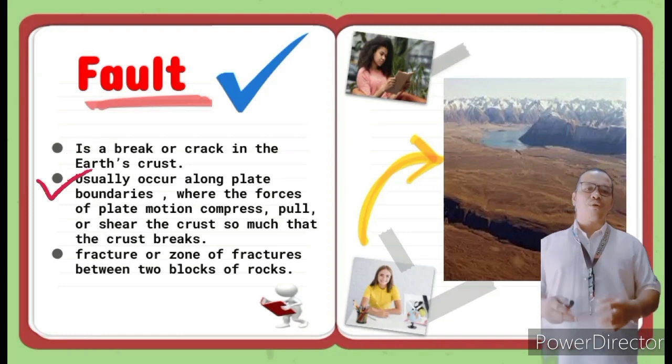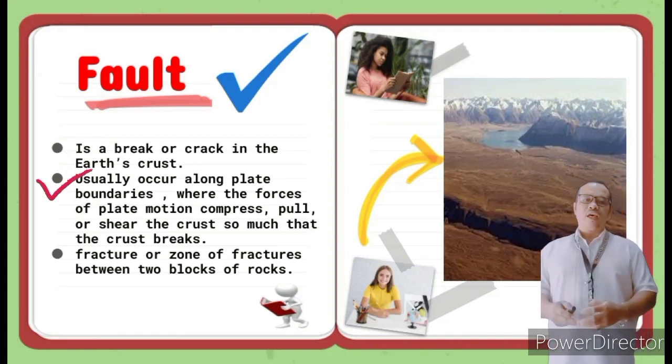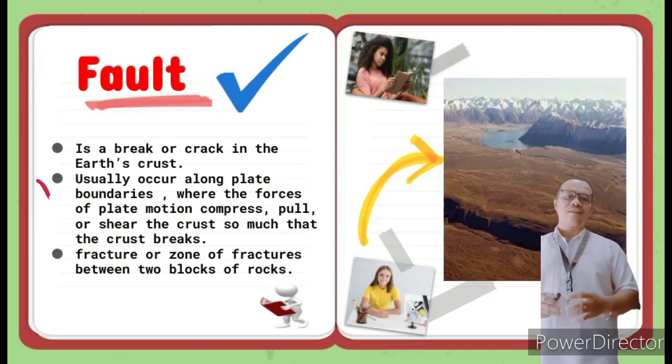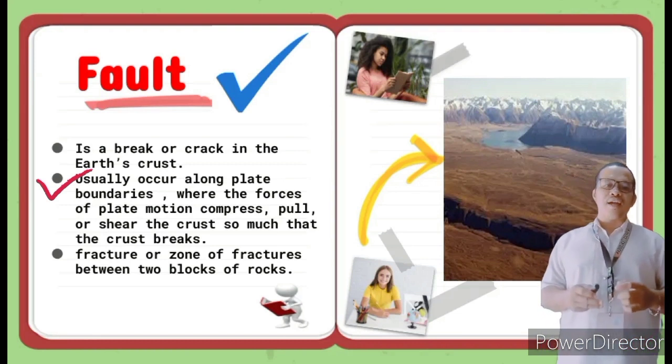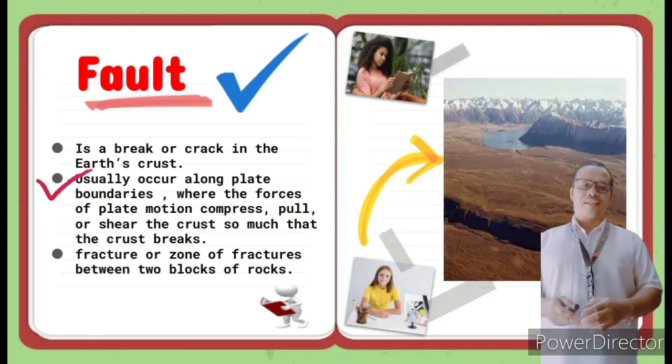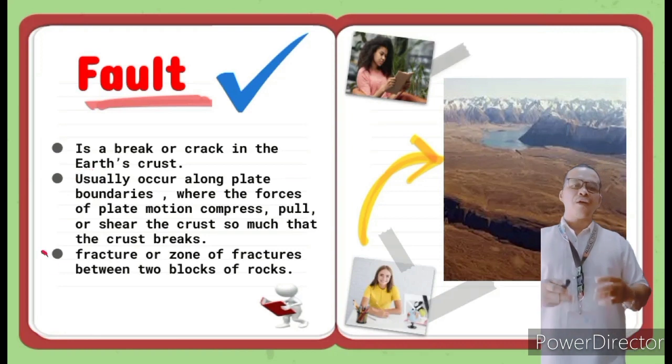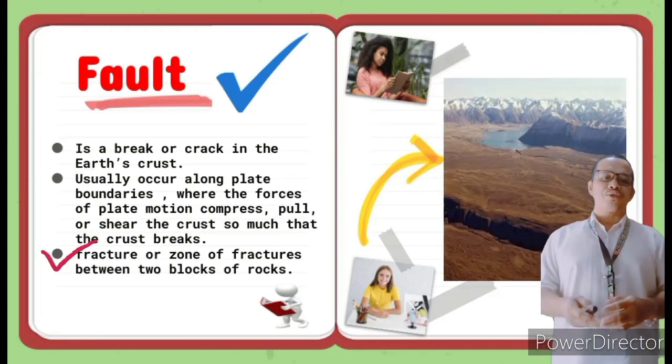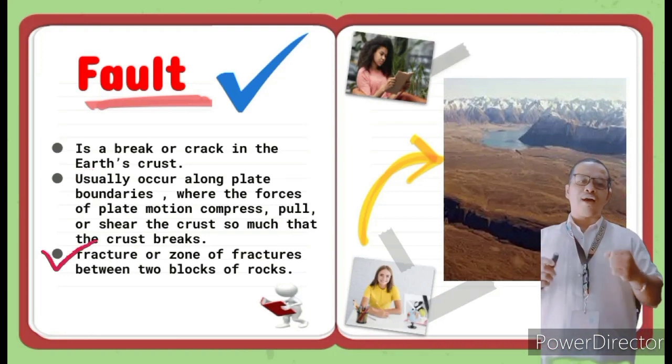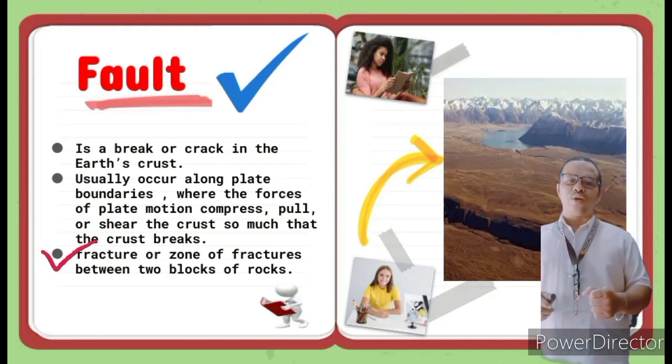It usually occurs along plate boundaries where the forces of plate motion compress, pull, or shear the crust so much that the crust breaks. It is the fracture or zone of fractures between two blocks of rocks. That is the so-called fault.